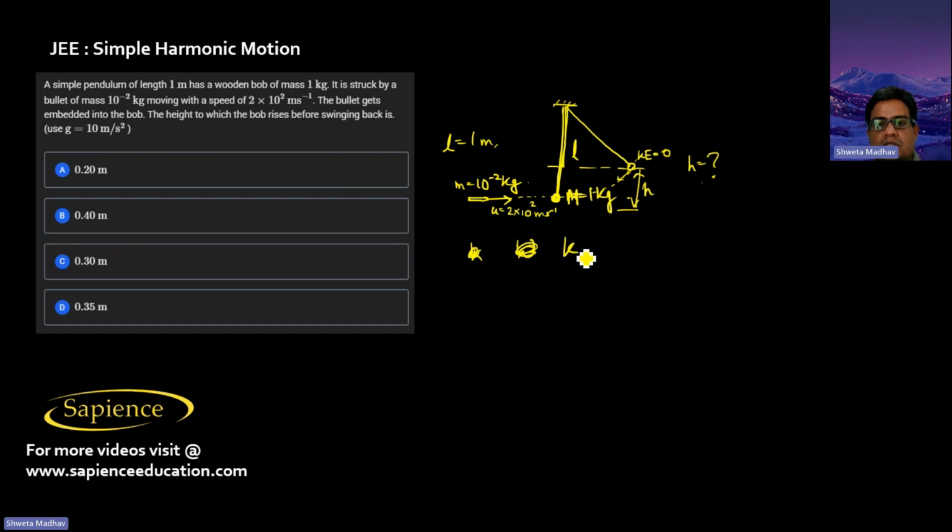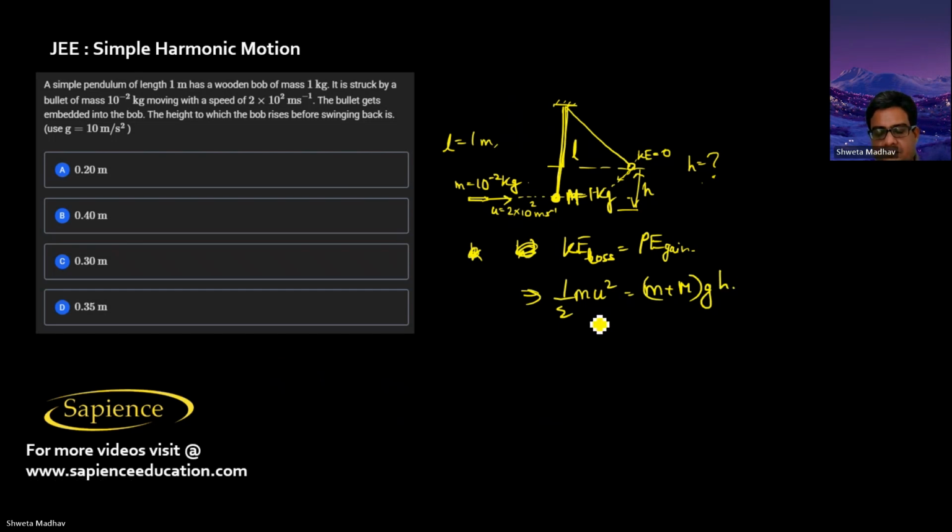So the loss in kinetic energy will be equal to the gain in potential energy of the system. Therefore the kinetic energy loss is half m u square, equal to the potential energy gain, that is (M plus m) g h. This h we have to find out. Now h will be equal to m u square by 2(M plus m) g.